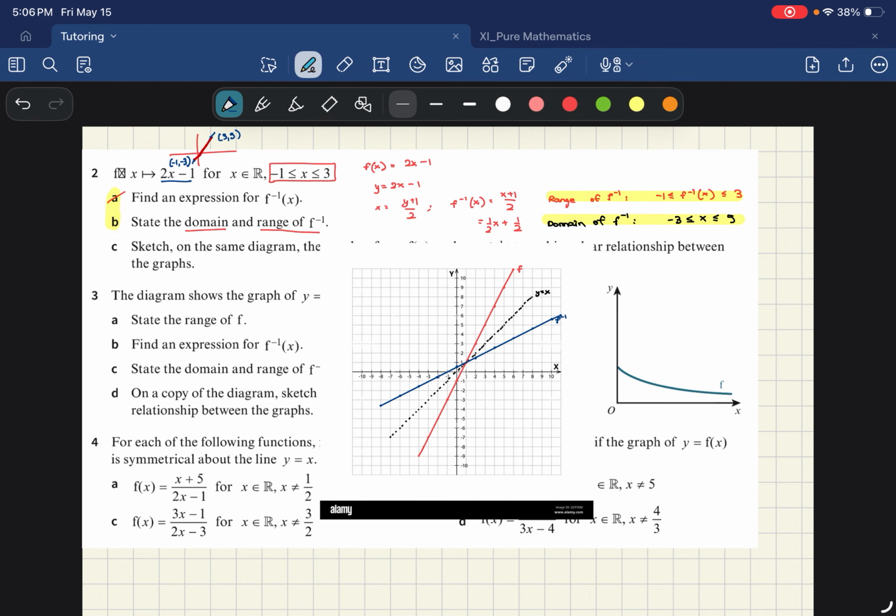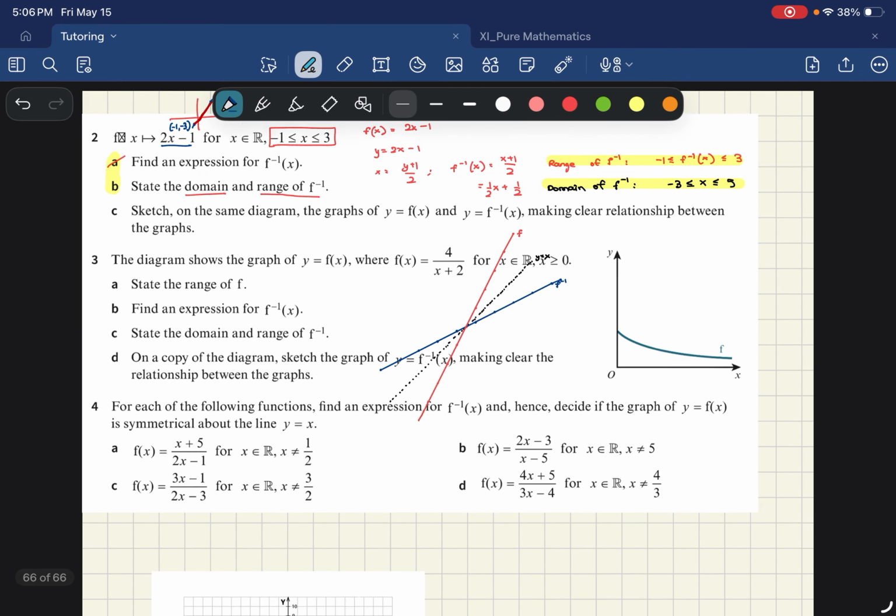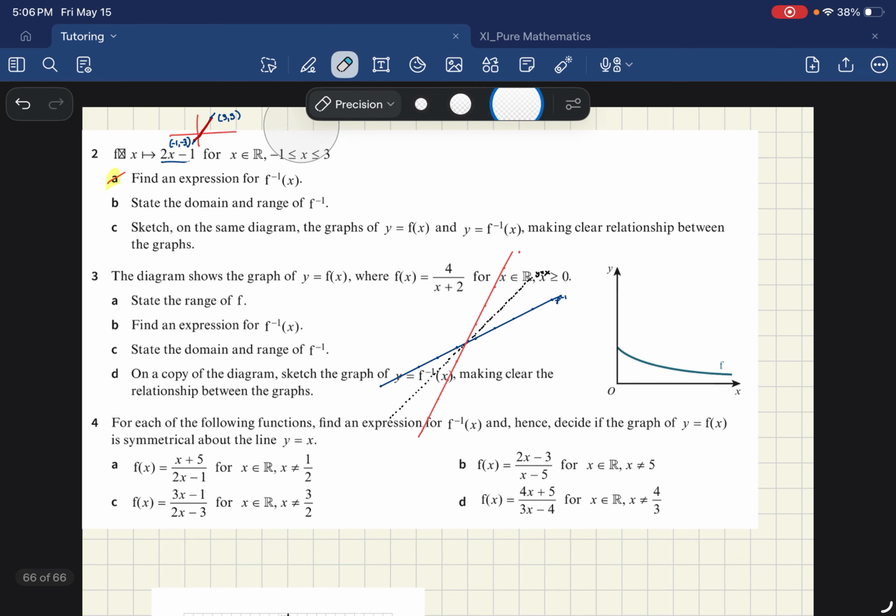So we are done with question 2. Basically the graph of f inverse of x is a reflection of the graph of f over the line y is equal to x. I want to keep my diagram in case we need it later, and I'm going to erase here.